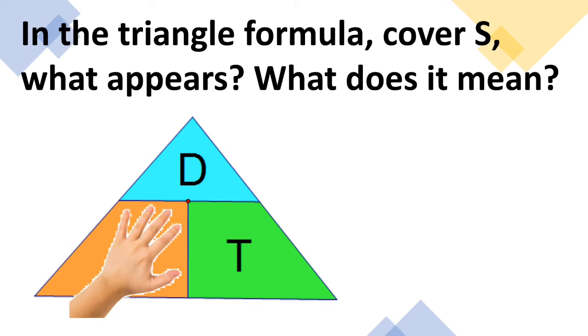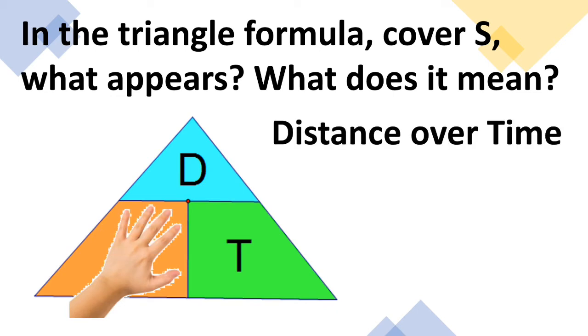In the formula triangle, we cover letter S, so we have distance over time. That will give us the formula S = D ÷ T, or speed is equal to distance divided by time. So our speed is equal to 15 divided by 2.